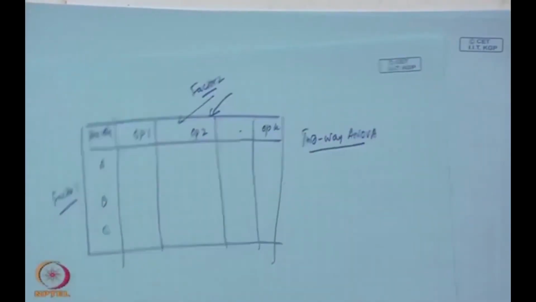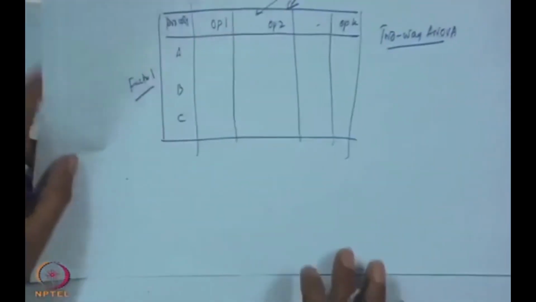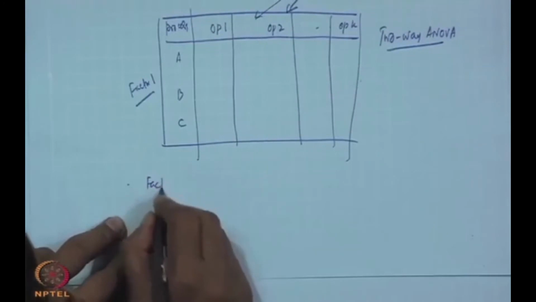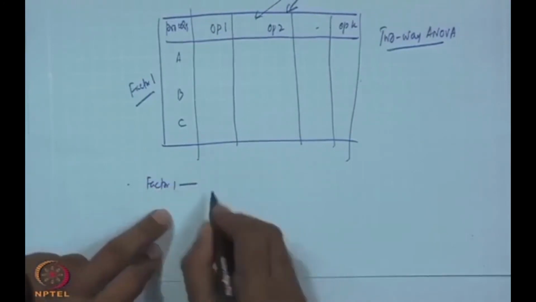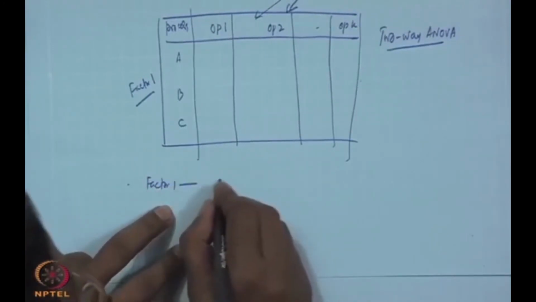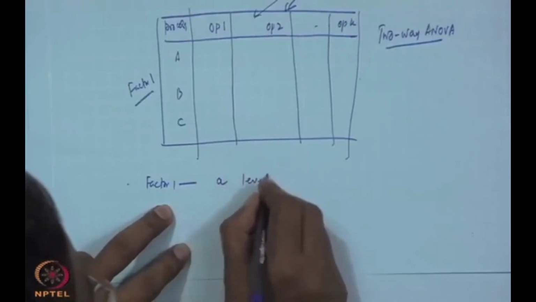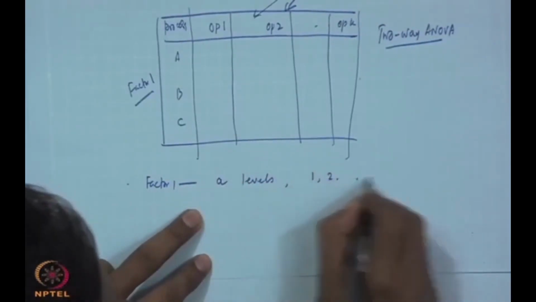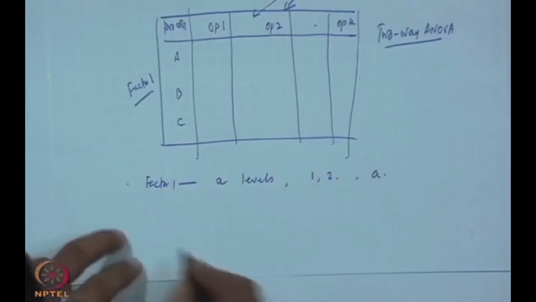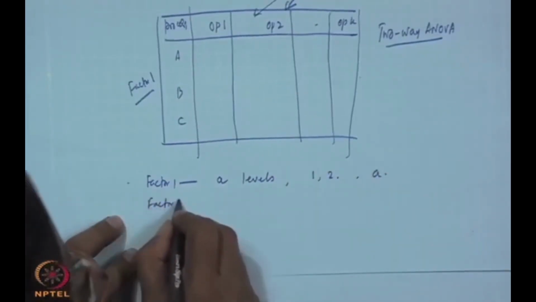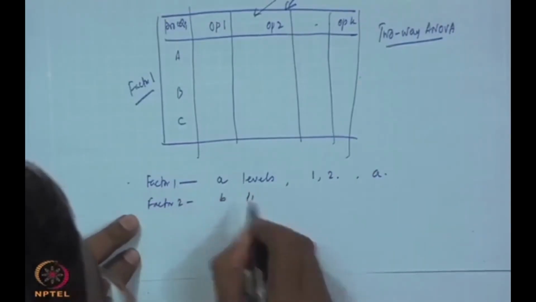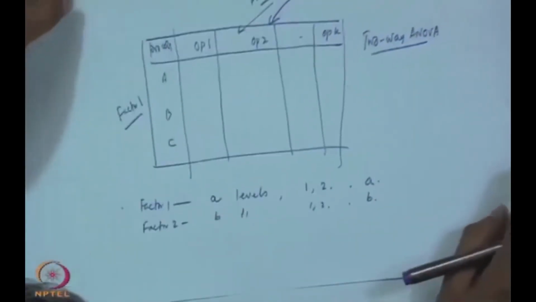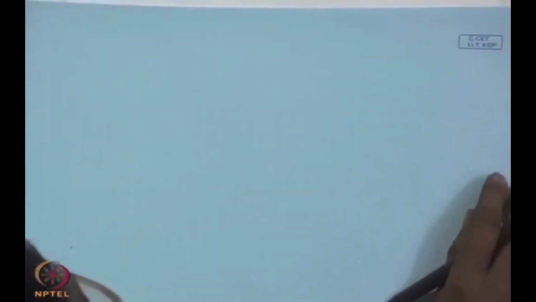This is 2-way ANOVA. What will happen here? Why 2-way? Because factor 1 has suppose A levels, that means factor 1 has levels 1, 2 up to A, factor 2 has B levels, that means 1, 2 up to B levels. Then your design is like this.